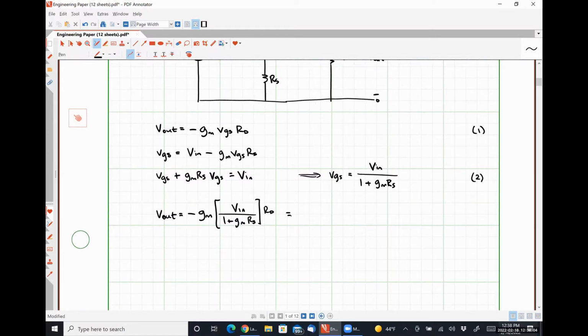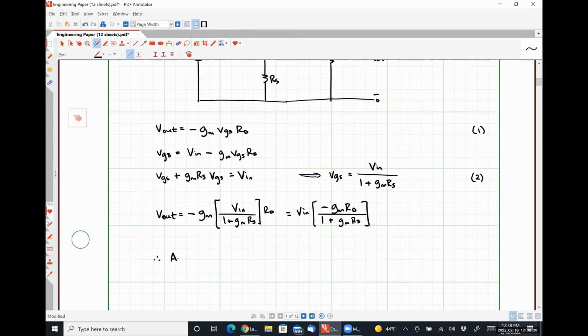which is the same as Vin times negative GM RD divided by 1 plus GM RS.